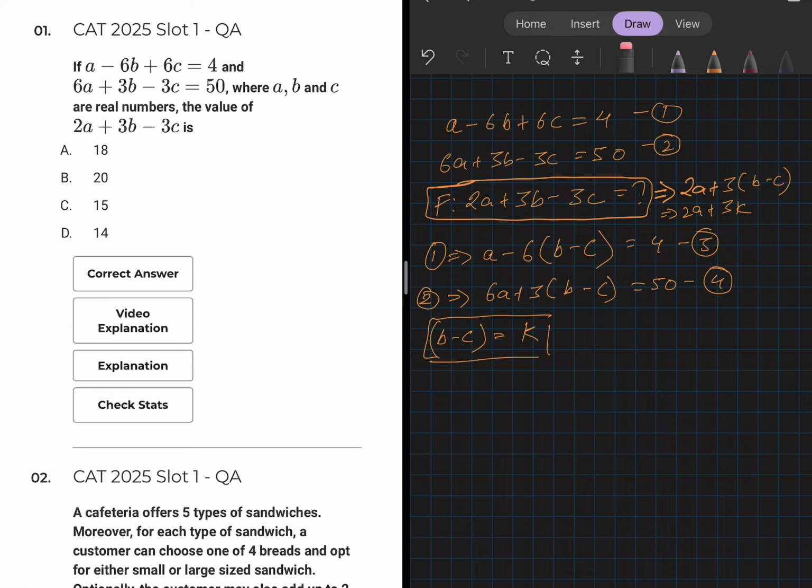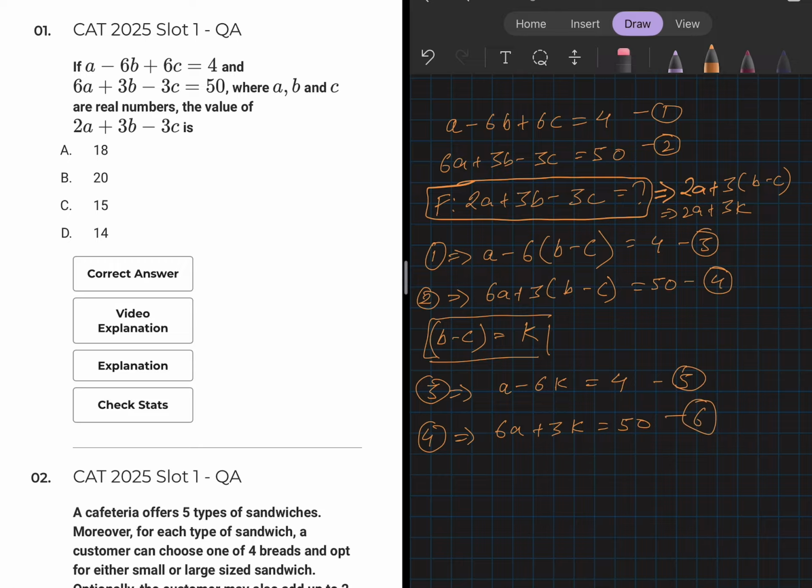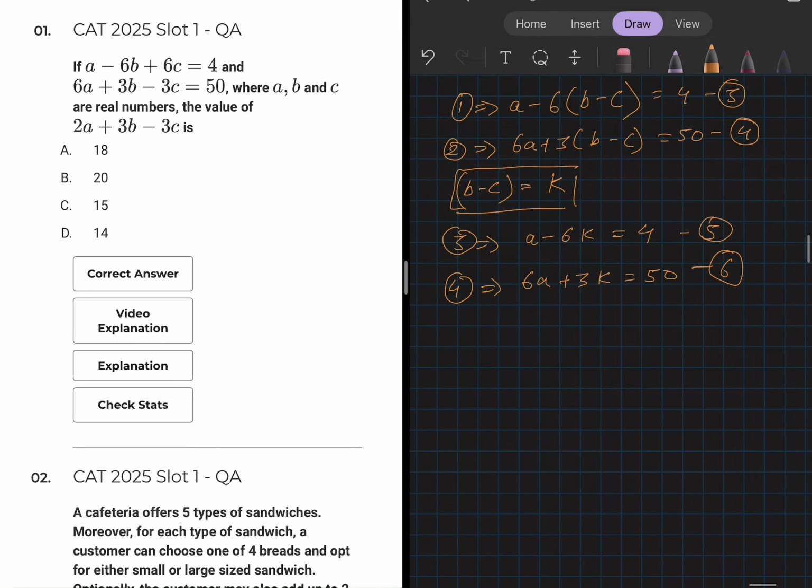We can write equation 3 as a minus 6k equals 4, and we can write equation 4 as 6a plus 3k equals 50. Now it's very simple. We just have to solve these two equations.